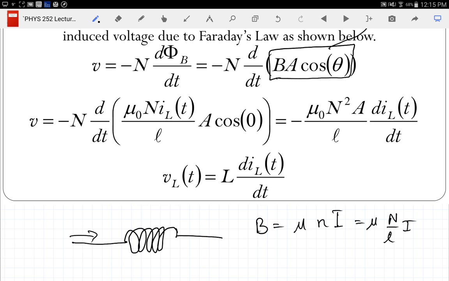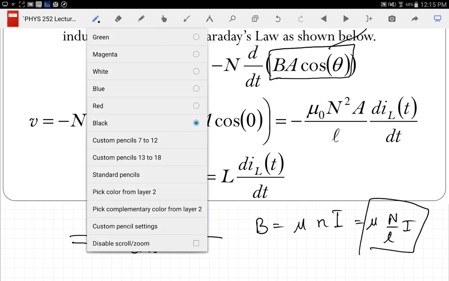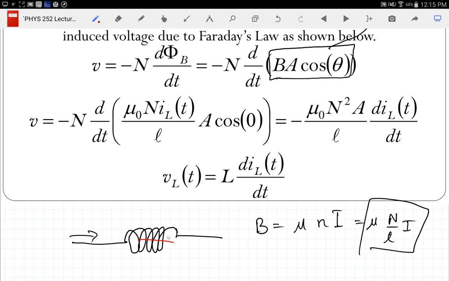Okay, continuing on. So the magnetic field is given by this equation, which you'll notice I used to substitute for the magnetic field. If I just have this coil, the induced magnetic field is going to be in this direction, which is the same direction as the area. So B dot A, the angle between them is 0, cosine of 0 is 1.